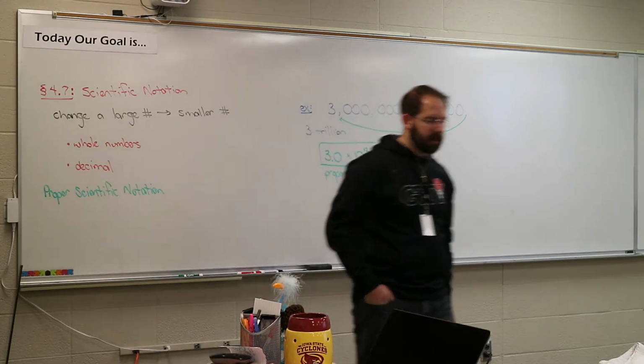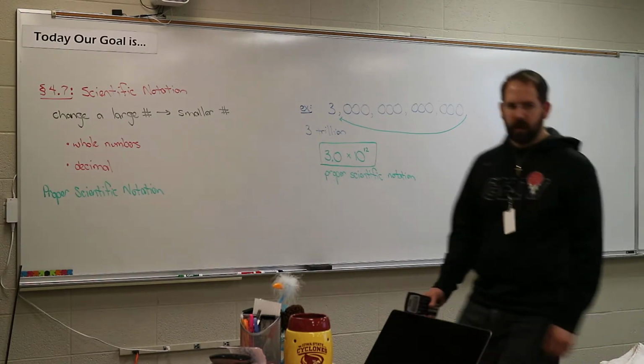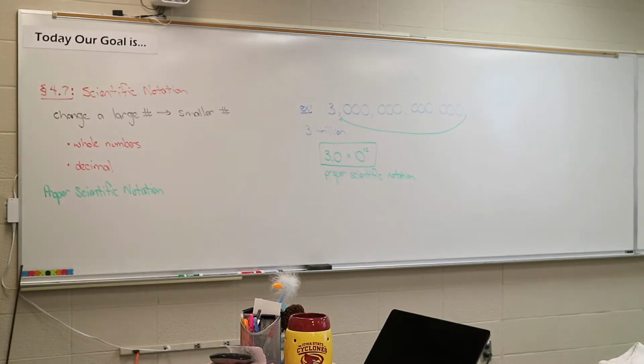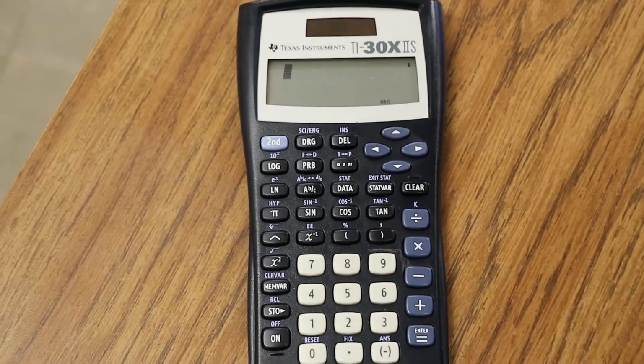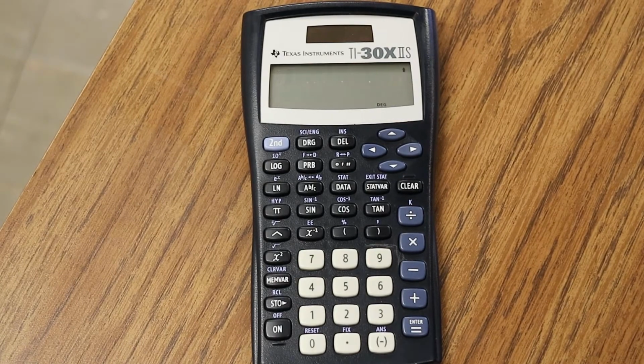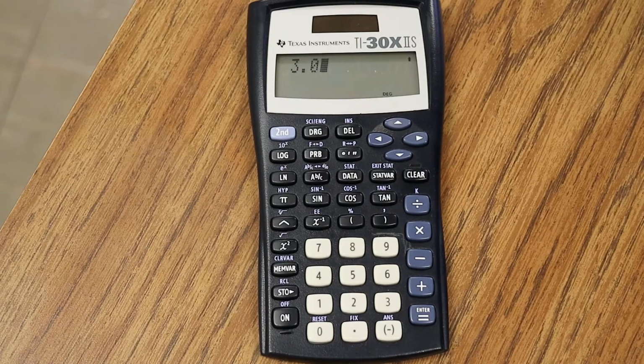Okay? So here's the idea. On your calculator, so pick up your calculator here. In fact, let me use Sam's so I can show you how to do this. Let me get the camera here. So to type in 3 trillion, here's what you do. You're going to type in 3.0.